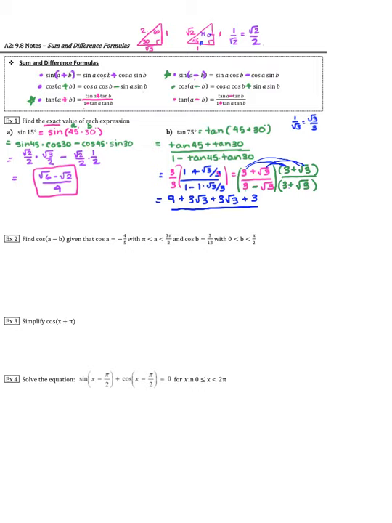On the bottom, notice I have a minus b times a plus b, the structure that results when you FOIL it out in the difference of squares, a squared minus b squared. So 3 times 3 is 9, minus rad 3 times rad 3 is 3.